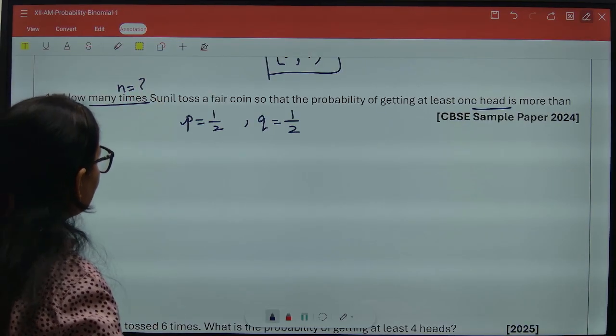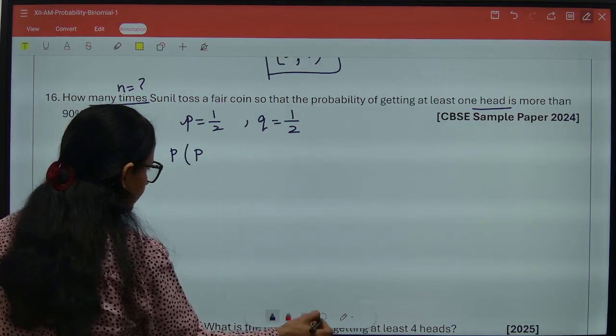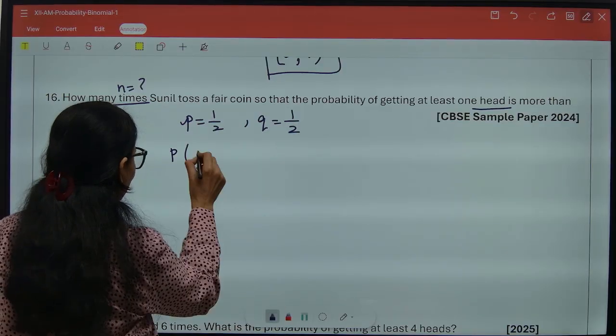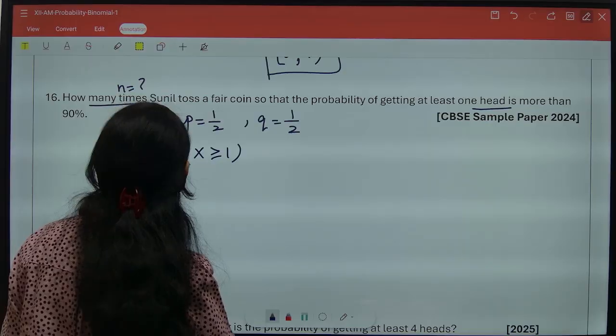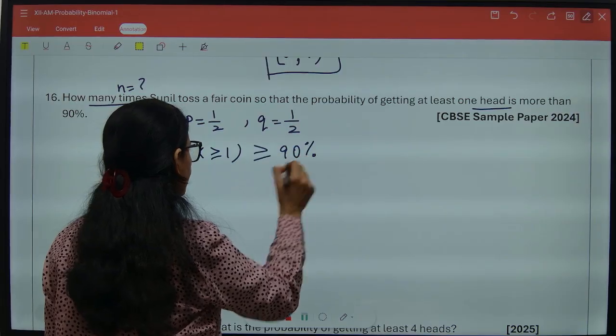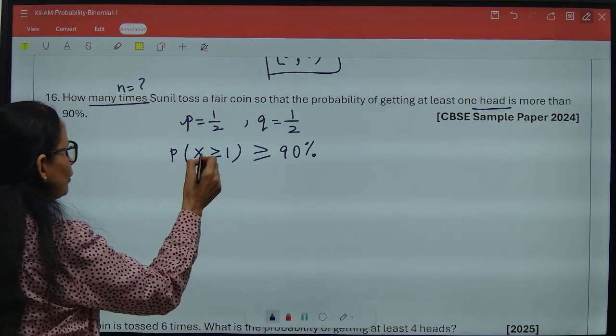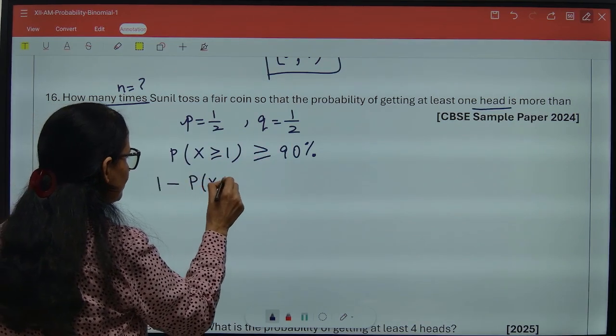Probability of getting at least one head means probability of x being greater than or equal to 1 is more than 90%. This is what is given to you. So that means probability of x being greater than or equal to 1 can be written as 1 minus probability of x being less than 1.